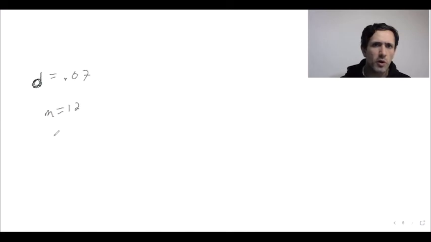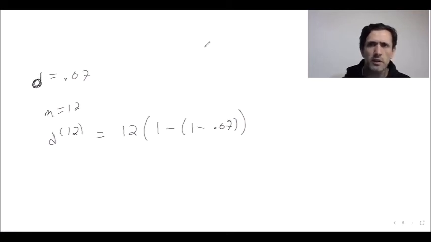So just plug into our formula, D12 is going to be 12 times 1 minus (1 minus D) raised to the 1 over 12. And we're going to get 0.07235.